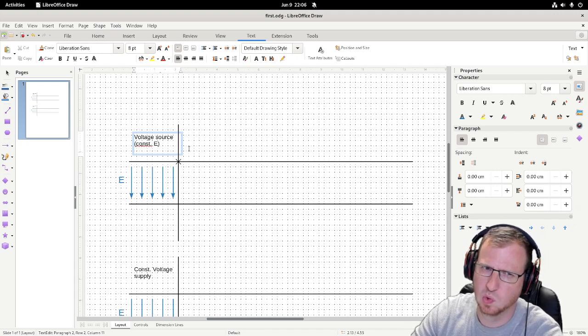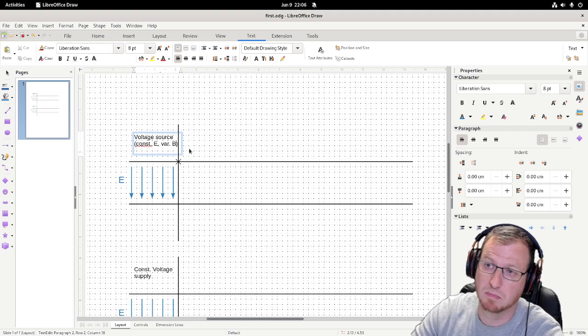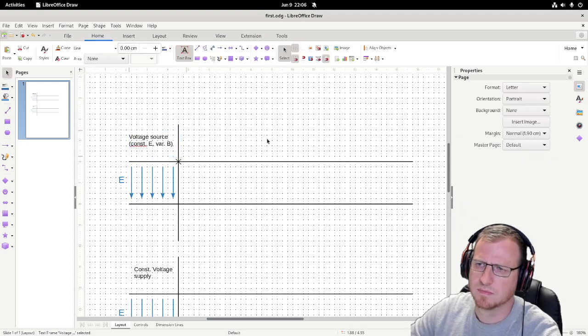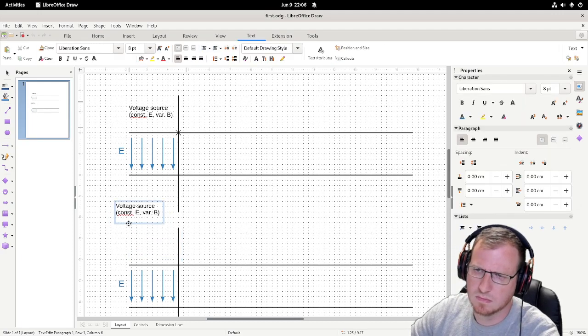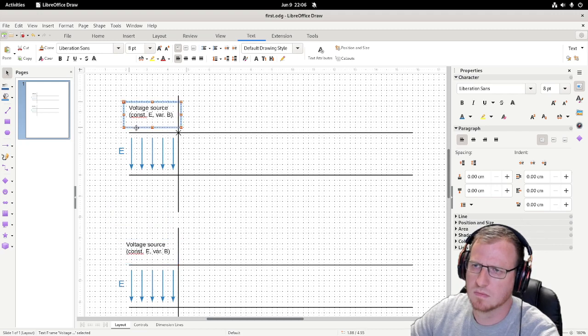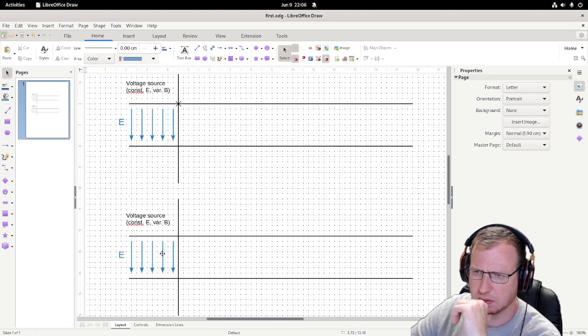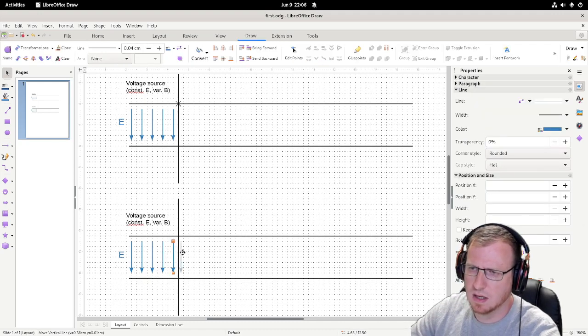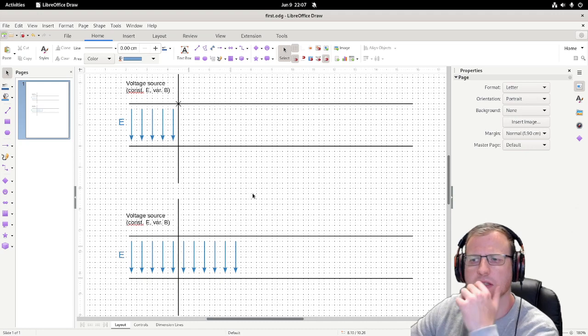And variable B. Okay, fine. So E is constant, and the voltage source is extending this electrical field into the transmission line.